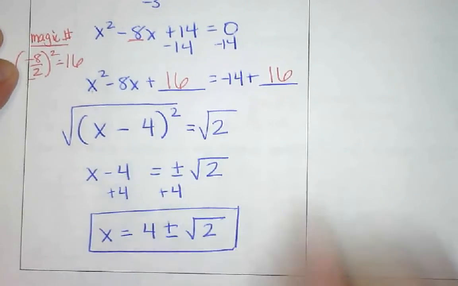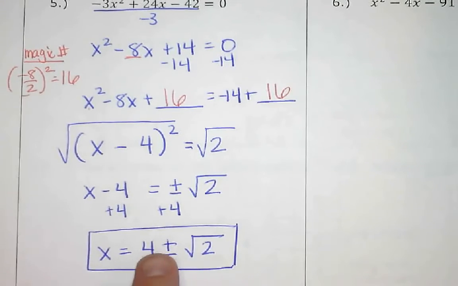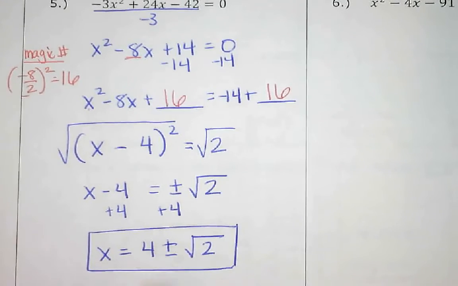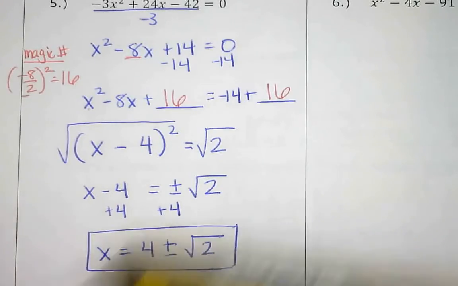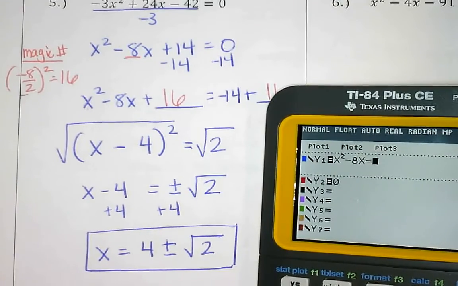Now, guys, I never actually graphed it to see if we had 2 solutions, so let's do that now. Negative 8x squared plus 14, that was our original equation after we got the negative 3 out of there.